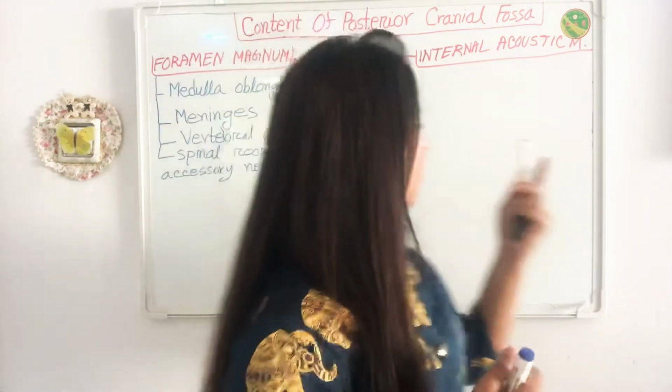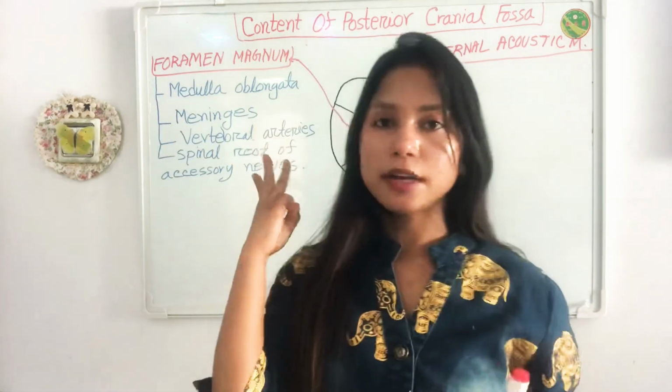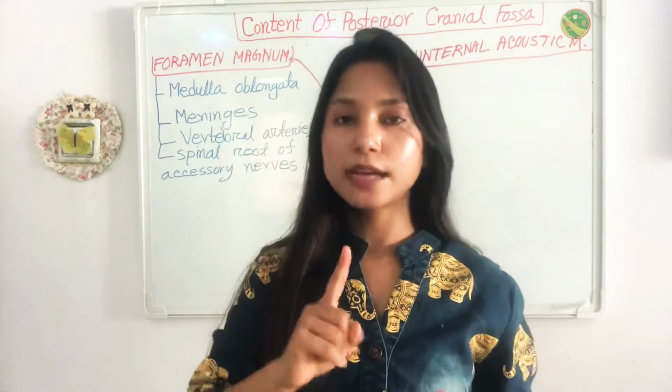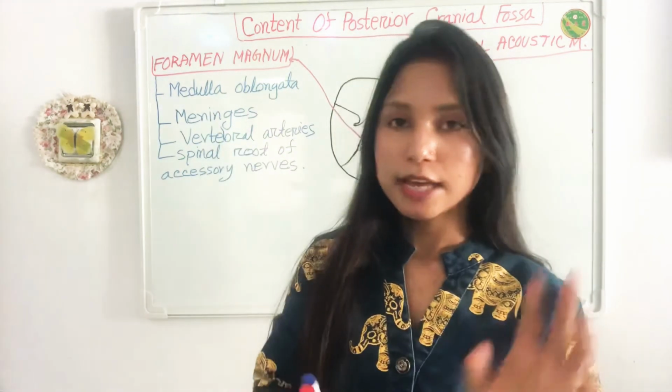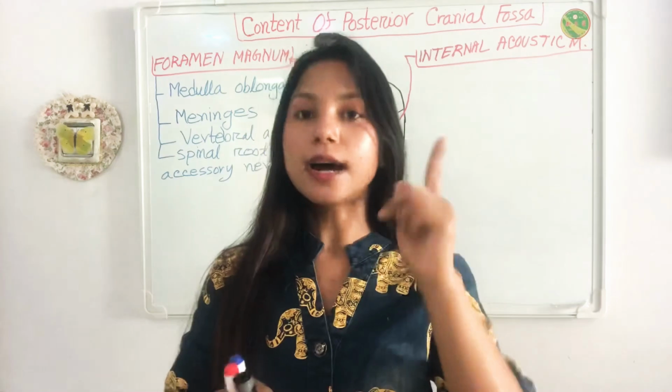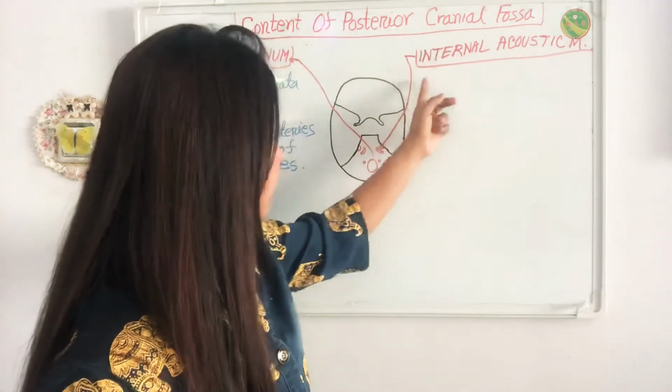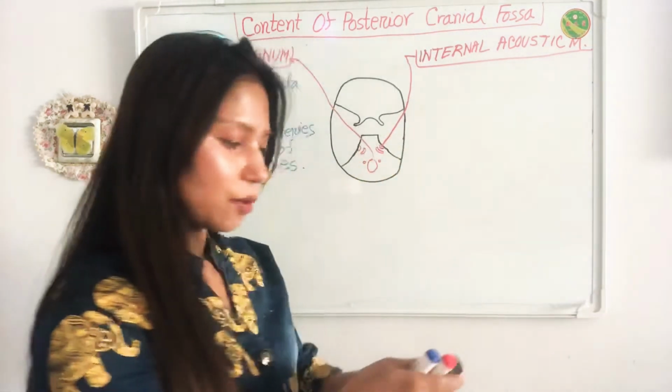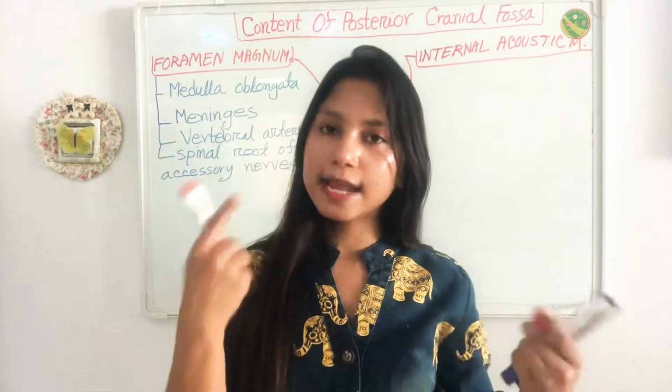Through the internal acoustic meatus, two nerves and one artery pass. Which nerves? The 7th and 8th cranial nerves.